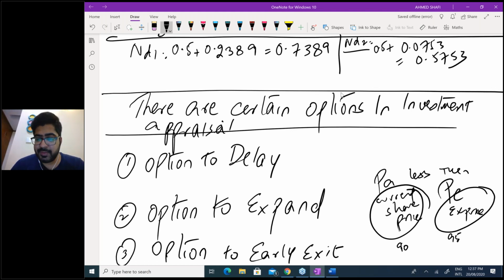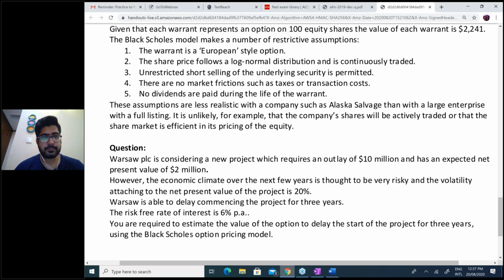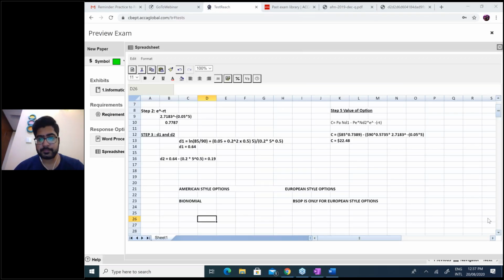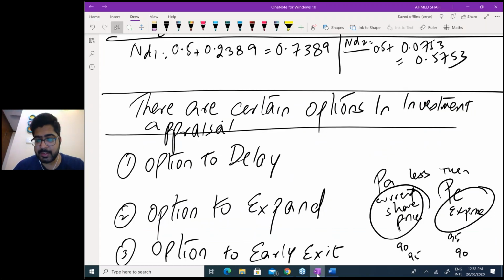Because let's suppose the exercise price is 90, and the current share price is 95.